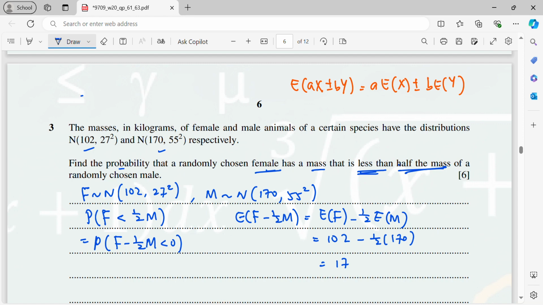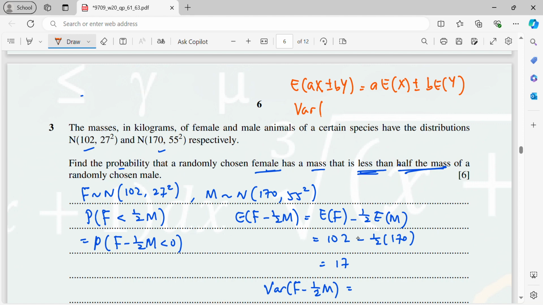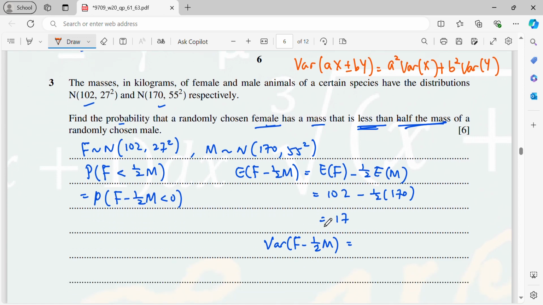Then for the variance, I need to calculate the variance of F minus half M. I have another formula: the variance of aX plus or minus bY is a squared variance X always plus b squared variance Y. We use a squared and b squared because a and b are the multipliers of X and Y, right?